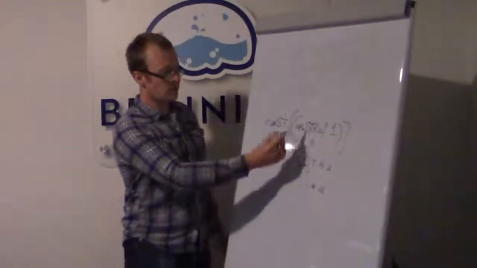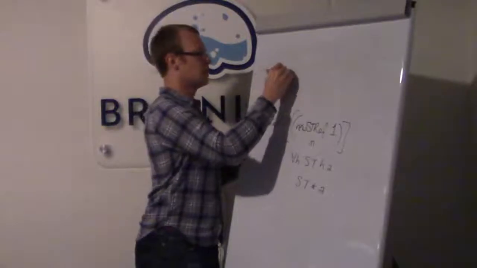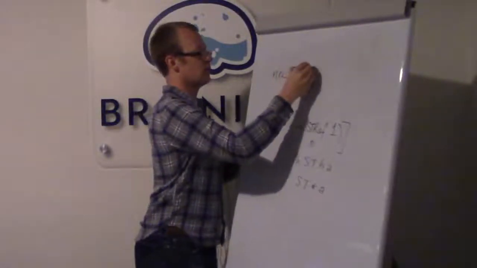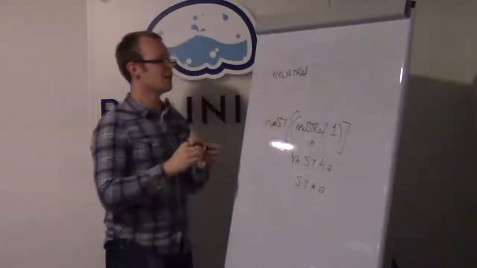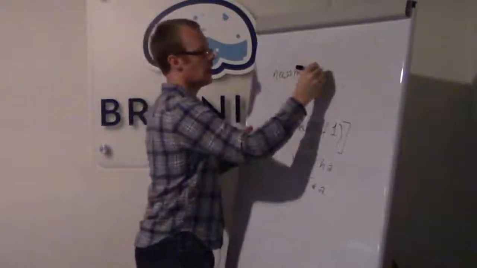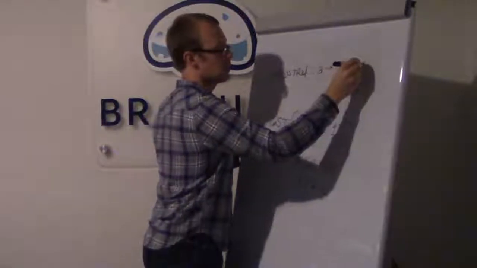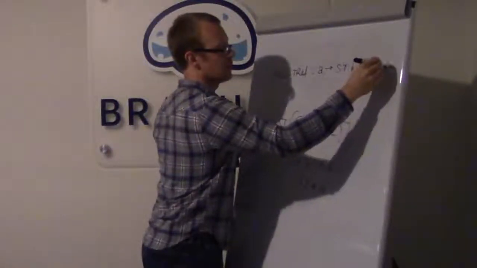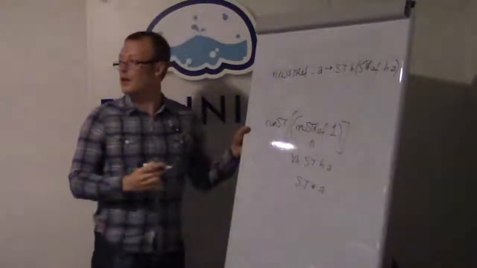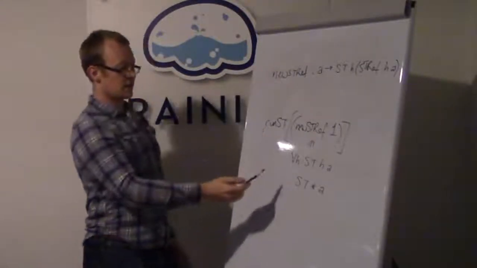Okay, well, newSTRef has type, what does it have? Has type a to ST h (STRef h a). Okay, so I have to check that.